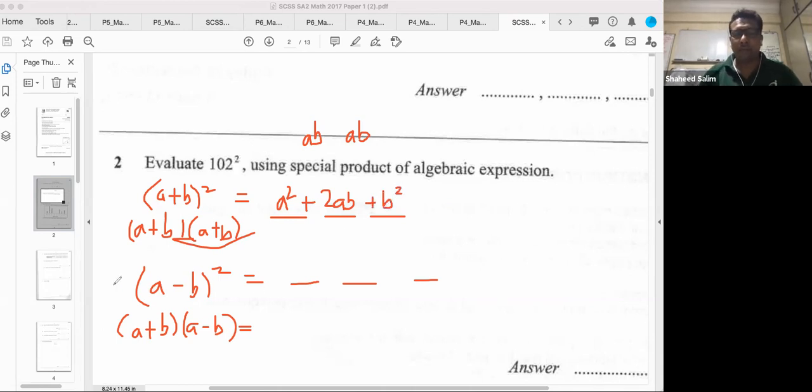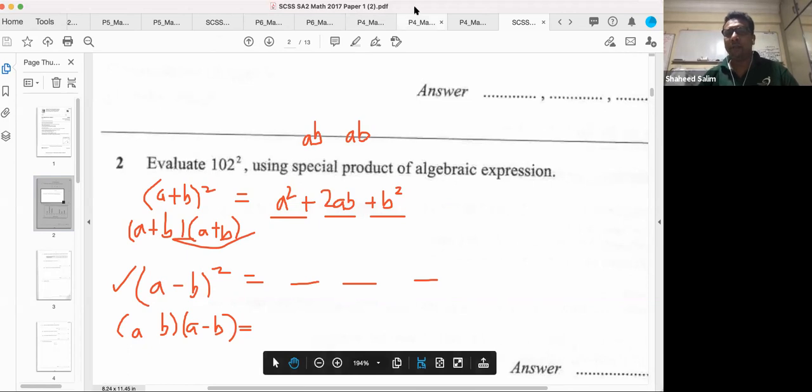You try the next one now. You expand this one now. A minus B squared. So A minus B, A minus B. You multiply together, what do you get?